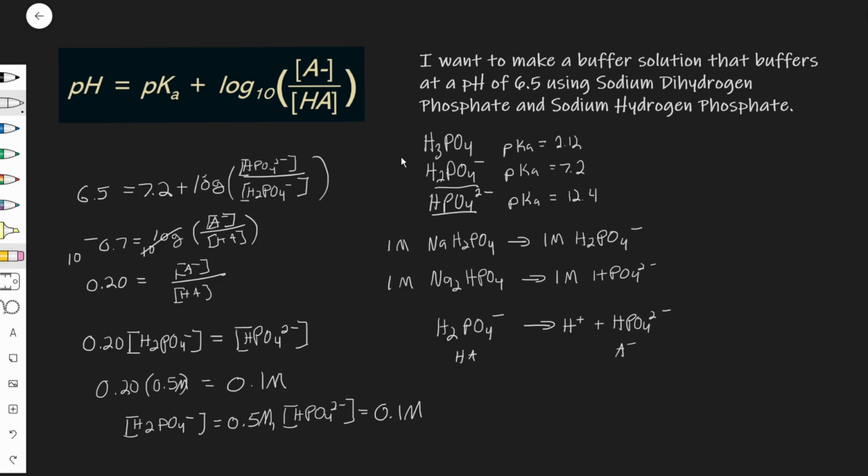And then I wound up with a half molar solution of my acid and then a 0.1 molar solution of my acid salt. And that's going to give me a buffered pH at close to 6.5. That should be pretty much the main scenarios for which you see these types of equations, and hopefully that's helpful.